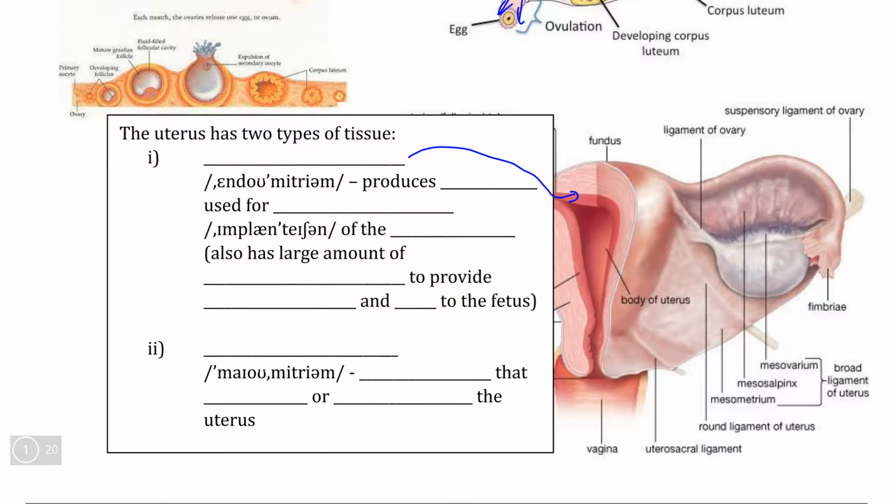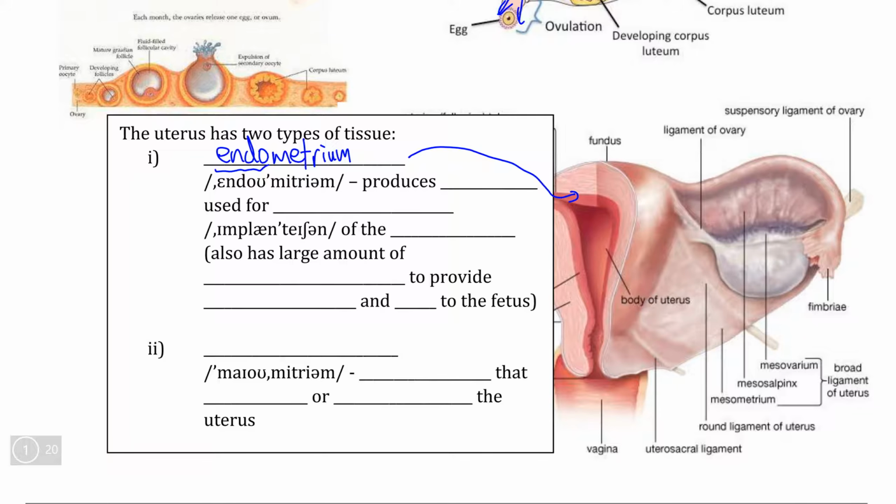There's the dark red tissue on the inside, which is what we call the endometrium. And we know that this is the type of tissue that is found on the more inside layer of the uterus because, of course, of the prefix endo. Now, the endometrium has a number of functions.